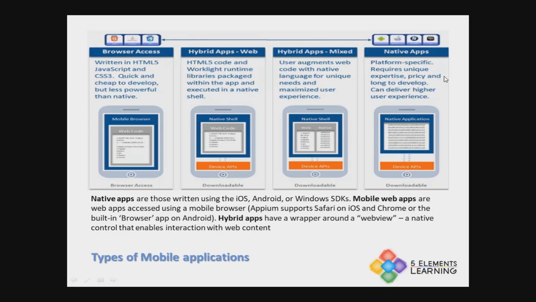Native apps are those apps which are basically inherent to the mobile device. They come installed with the mobile device. They generally take a long time to develop but can deliver higher user experience, and they require specific expertise to be developed.